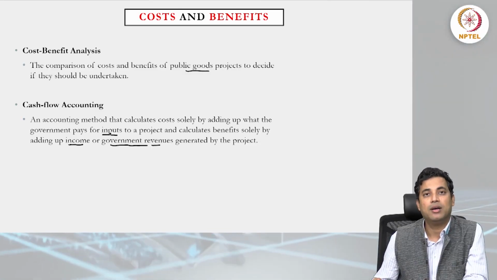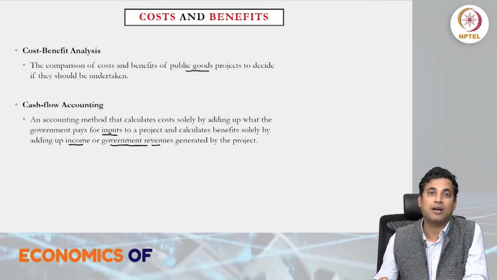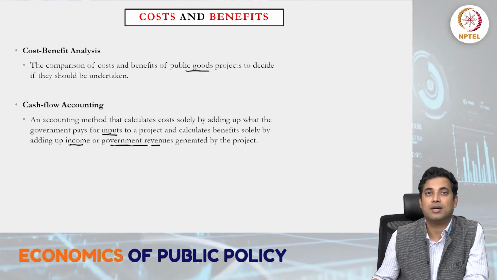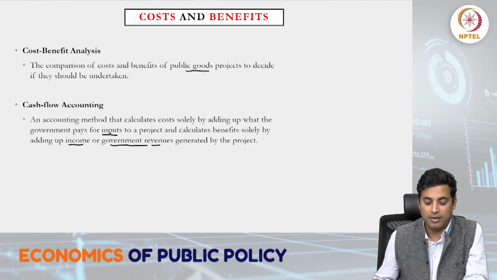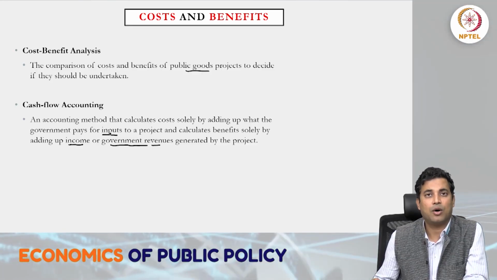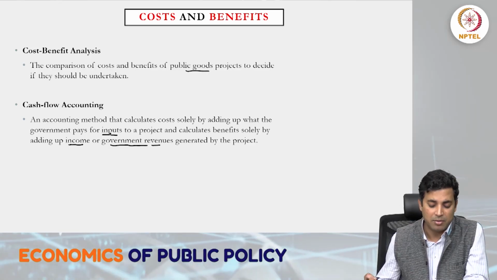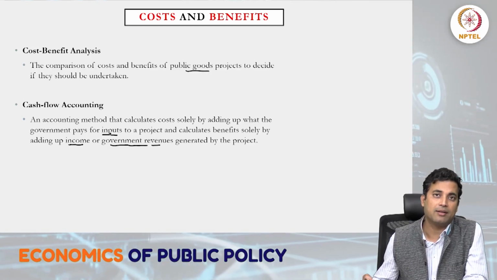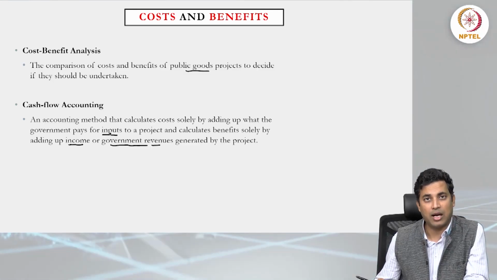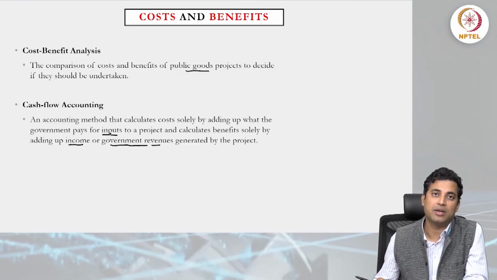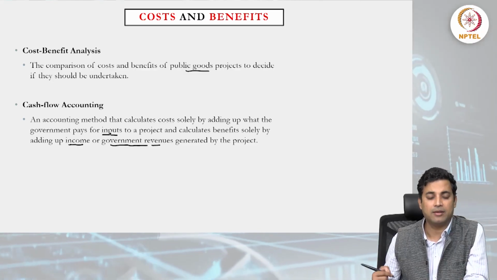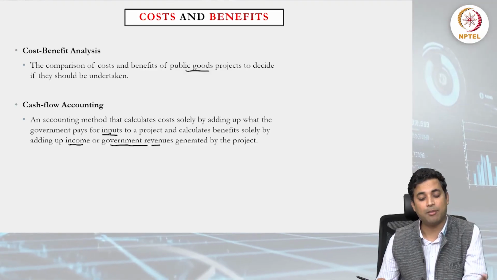Likewise, all other inputs involved in constructing a bridge, or public hospitals, or public education, for instance primary schools, or any other higher institutions or universities. We are supposed to calculate all the raw materials, including land, labor, and capital, and that needs to be included in the project.